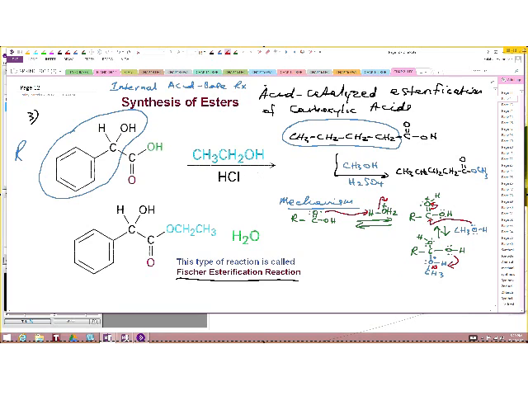So now we have this, and the positive charge is now transferred to this oxygen.